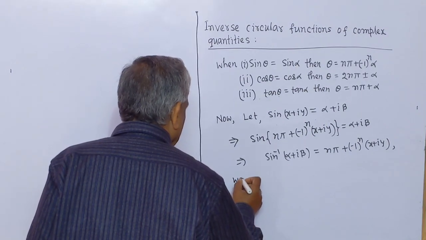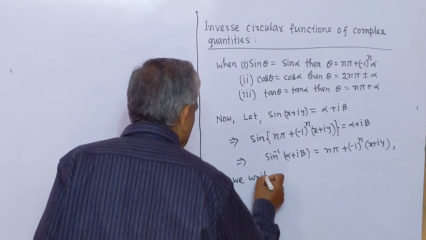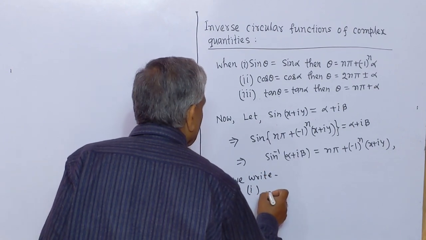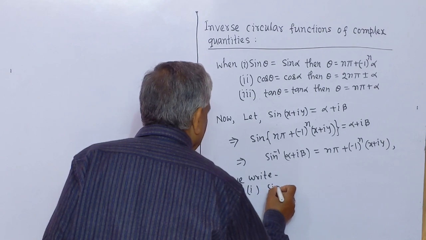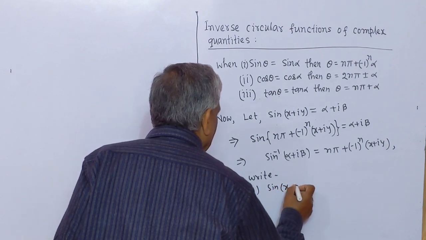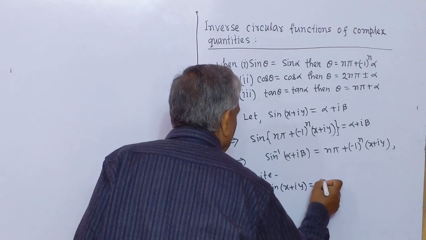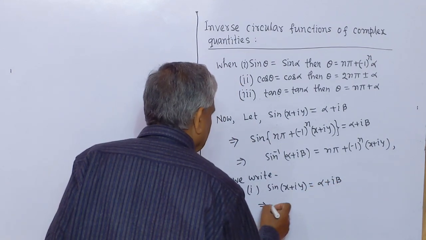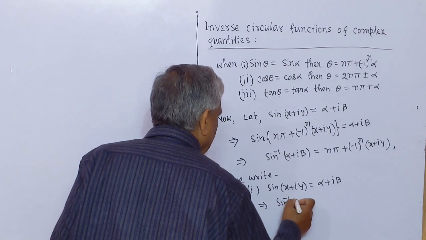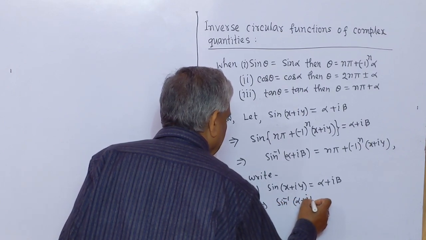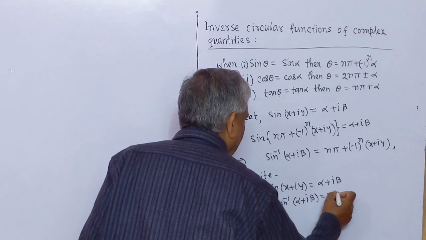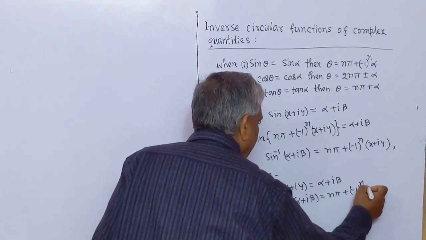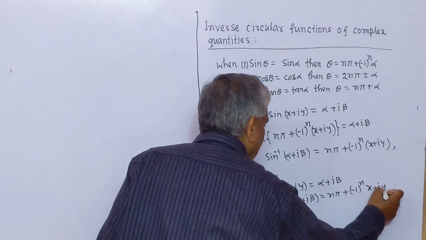Therefore, we write number 1: sin of x plus iy equals alpha plus i beta implies that sin inverse of alpha plus i beta equals n pi plus minus 1 to the power n, x plus iy.